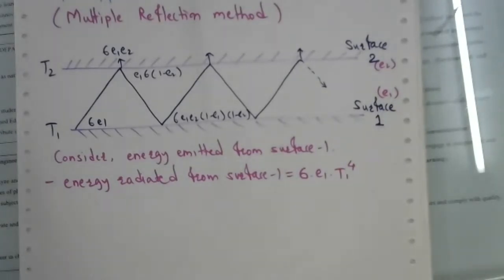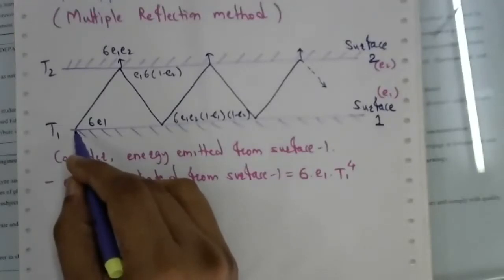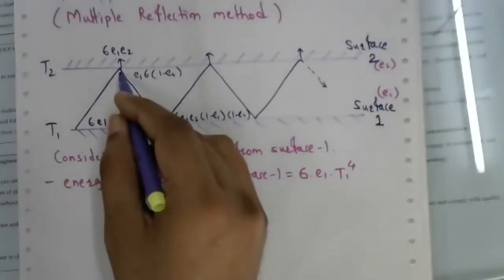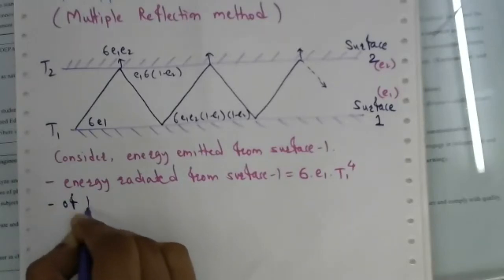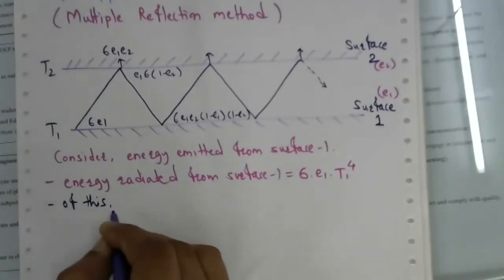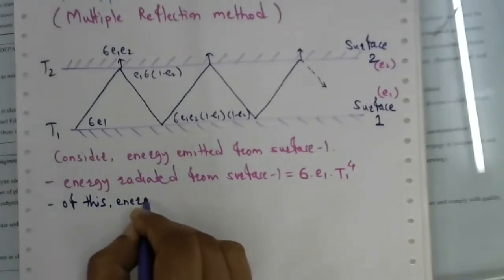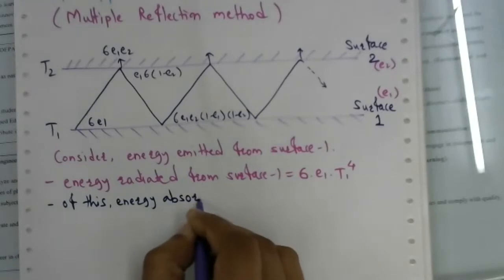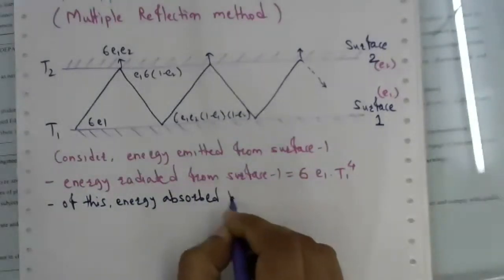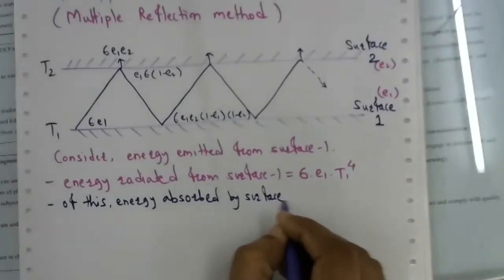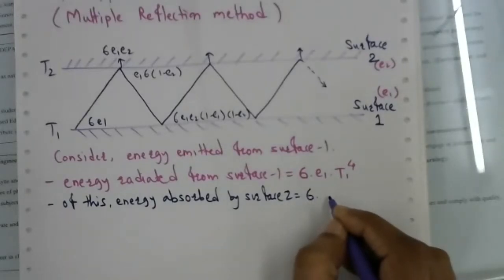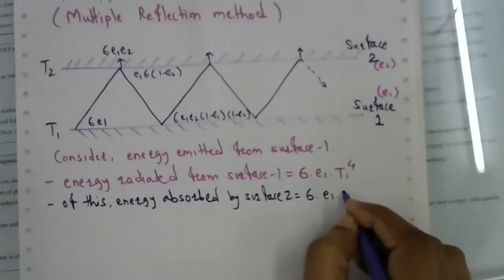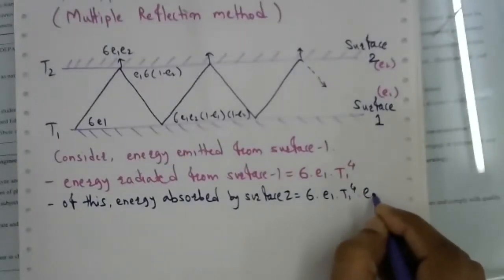Now, the part which is emitted or radiated from surface 1 going toward surface 2: of this energy, the energy absorbed by surface 2 is sigma into E1 into T1 raised to 4 into E2.